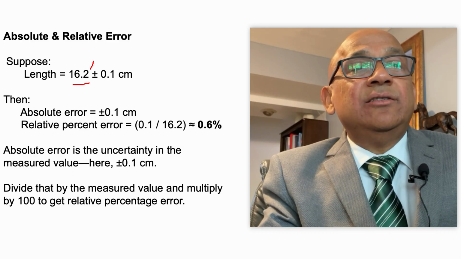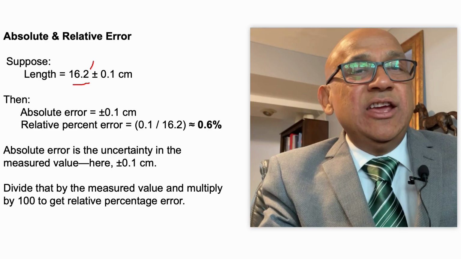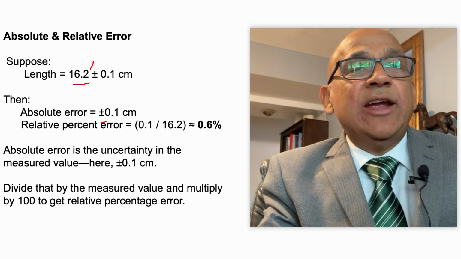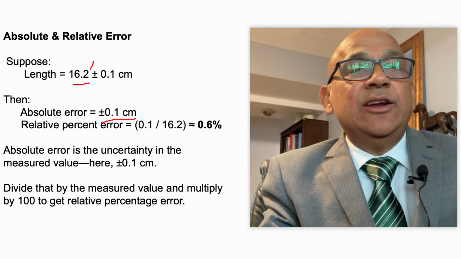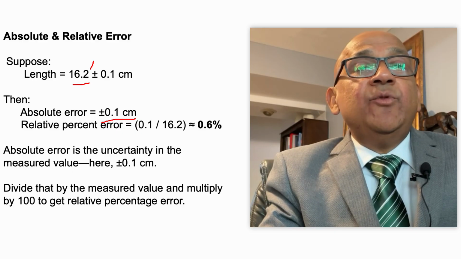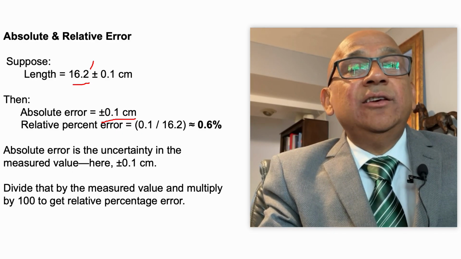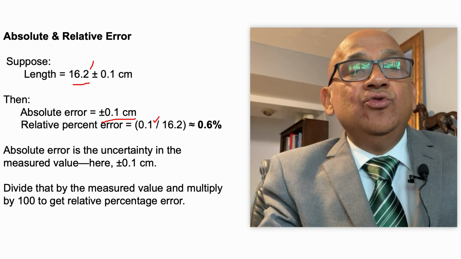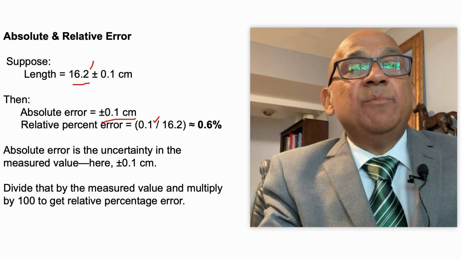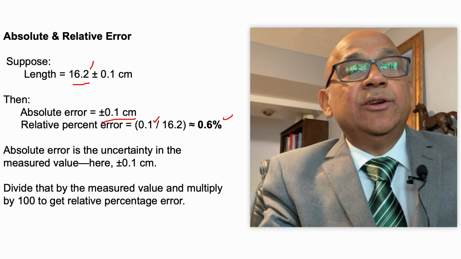So the absolute error in this quantity is plus minus 0.1 centimeter. Now, if you have to find the relative error, then what we do is we divide this 0.1 by 16.2 and then we multiply by 100. So, it comes out to be 0.6%.